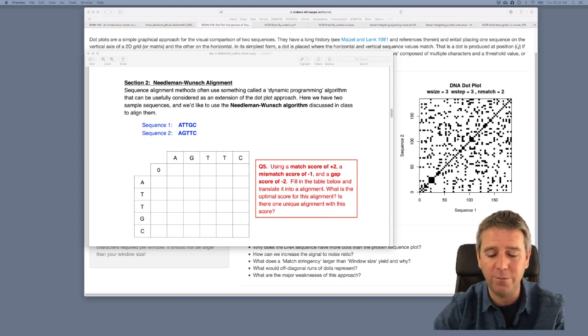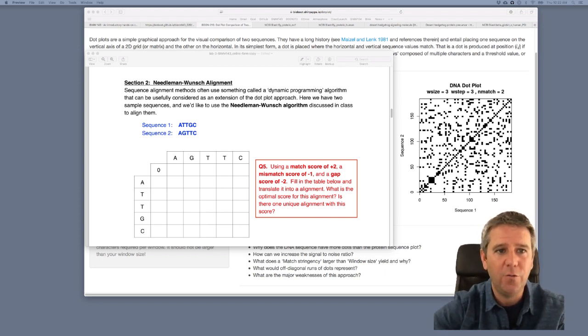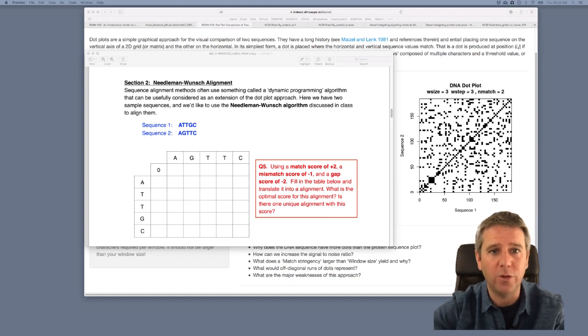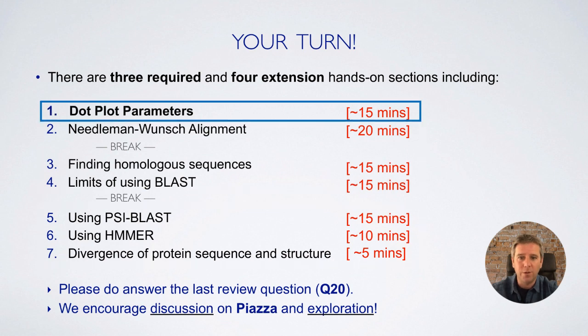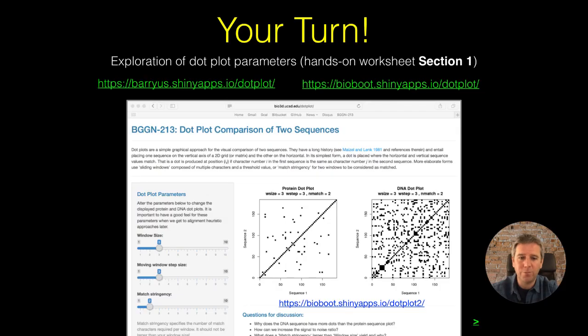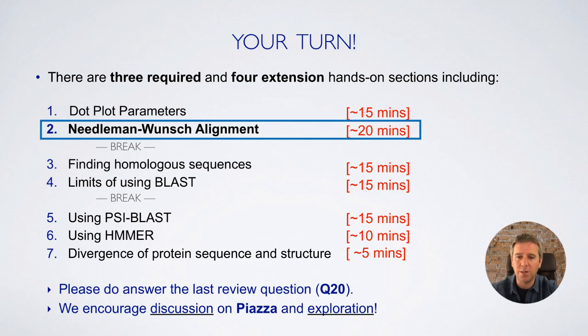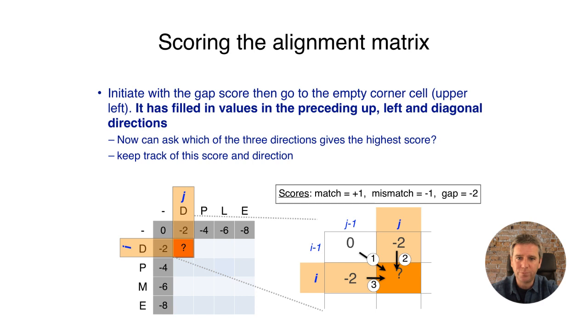Well, let me return for a second to the here. So here we are. We've done our dot plot approach in our app, and now we're into this Needleman and Wunsch alignment approach. So the idea here is that we initiate these little tables, as I'm shown here for different two sequences, with our gap score.